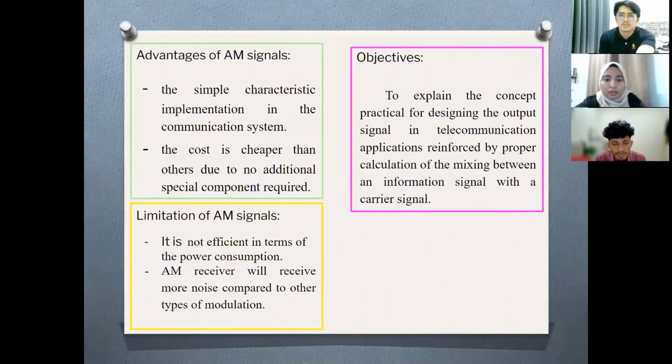So, what is the objective of our project? Our objective is to explain the concept practical for designing the output signal in telecommunication applications, reinforced by proper calculation of the mixing between an information signal with a carrier signal.